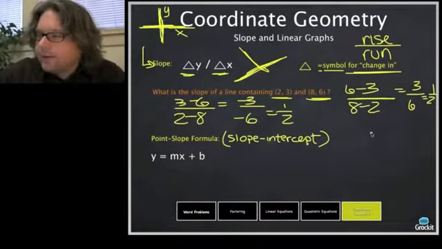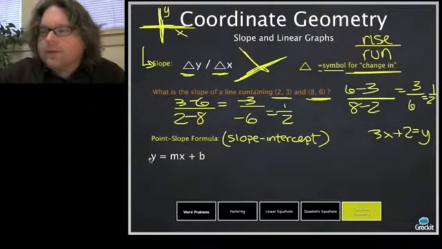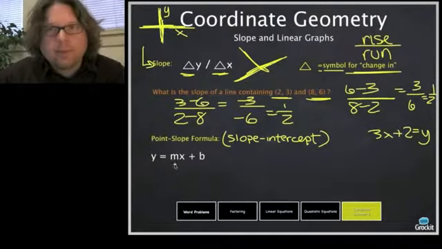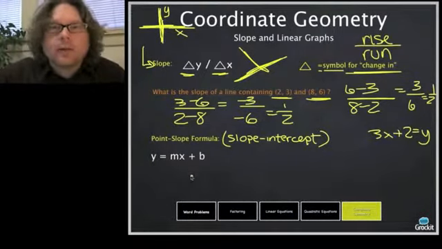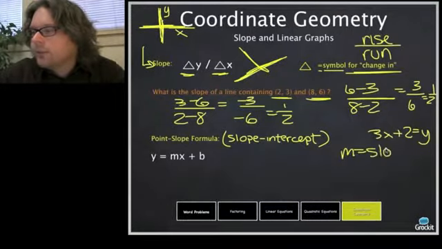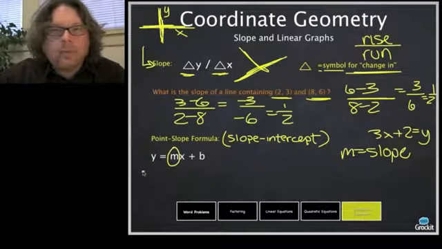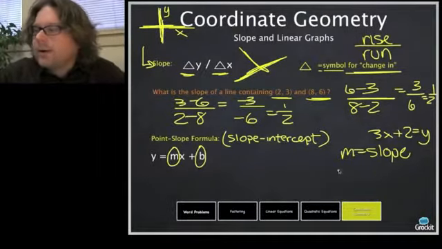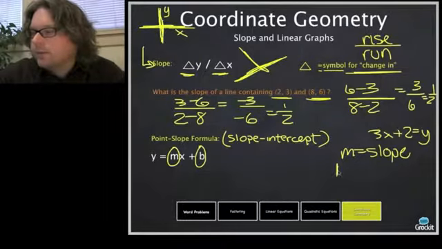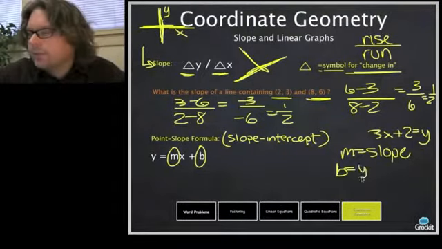So instead of something like 3x plus 2 equals y, you put it in the form y equals something. So you solve for y. That's the slope-intercept form, so called because m equals the slope, this rise over run, the change in y over change in x, and b equals the y-intercept.